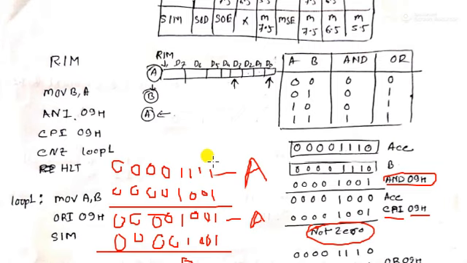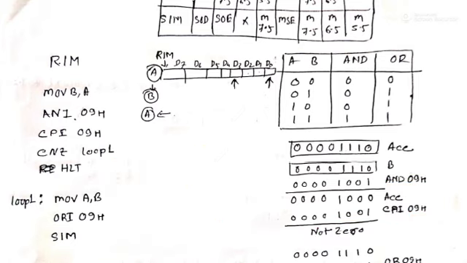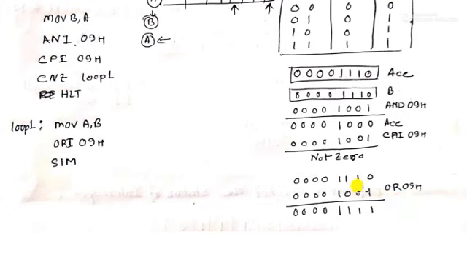Okay. If it is not 0, then that means the RST 5.5 is not set or some other bit is not set. That means the D3 bit is not set. Okay. So we have to make these two bits set. So how are these two bits set? We load the accumulator's previous value, because after the AND operation the accumulator content is changed.